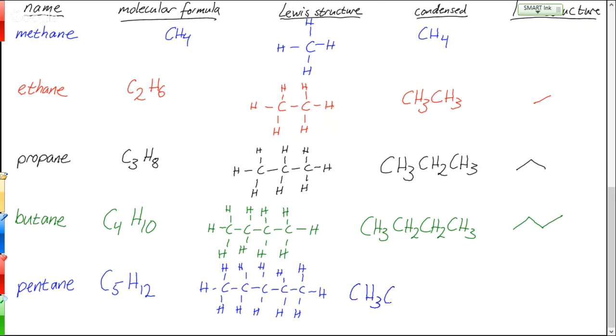And so you can probably also see how it starts to get tedious to draw those structures out in the Lewis structure form once you get more and more carbons. Again, don't worry about the Lewis structure or the line structure thing. We'll get to that in a minute. But even the condensed structure is a lot easier than drawing everything out like that. All right, so let's look at these structures in a little bit more detail.